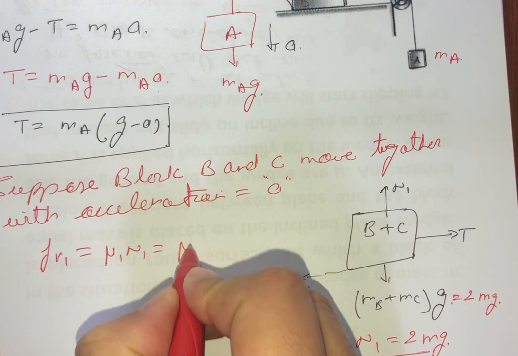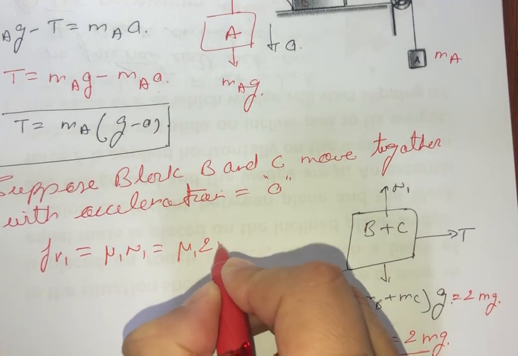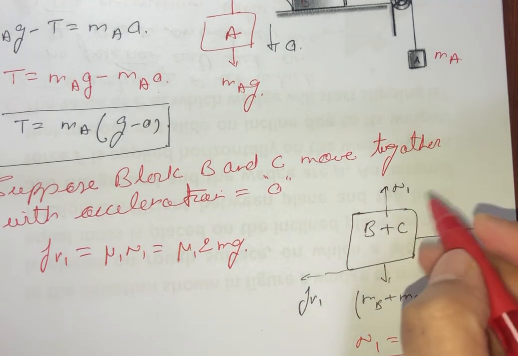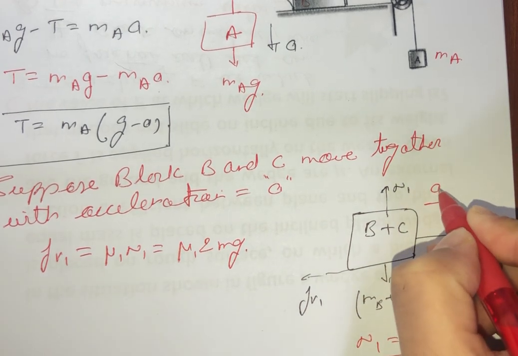So this will be mu1 times 2mg, and it is moving towards the right side with the acceleration A.